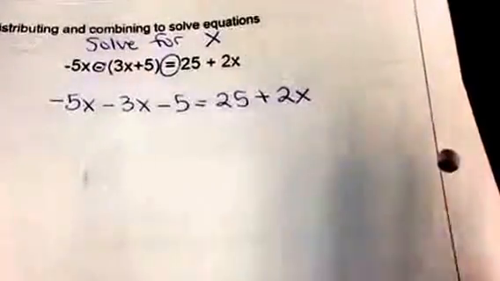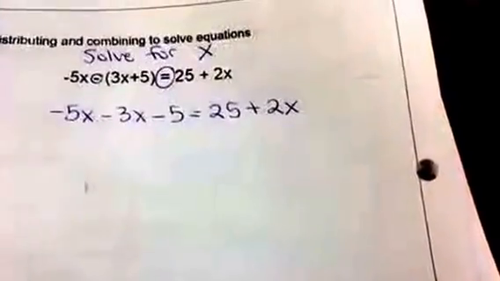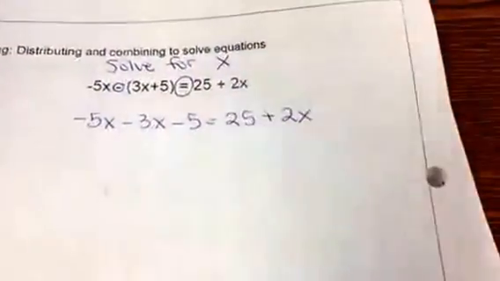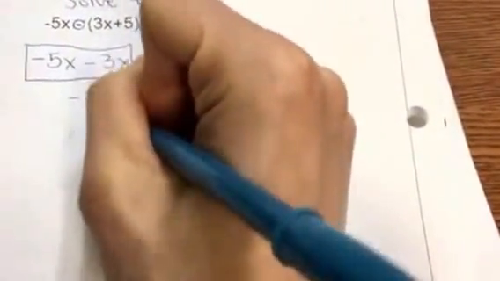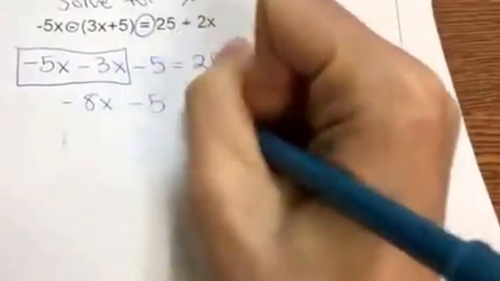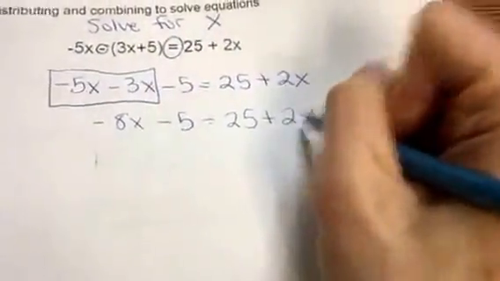Now I can see how much of each kind of term I have. All right, so what I'm going to do is I'm going to combine on each side. It's going to be pretty easy to do because I only need to do it on this side here. So negative 5x minus 3x is negative 8x minus 5 equals 25 plus 2x.